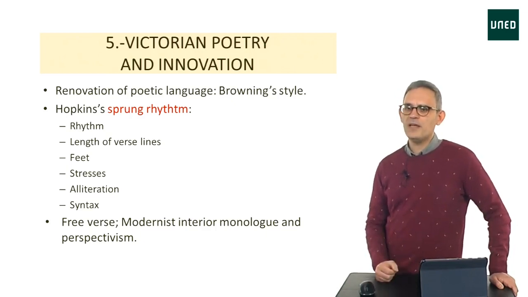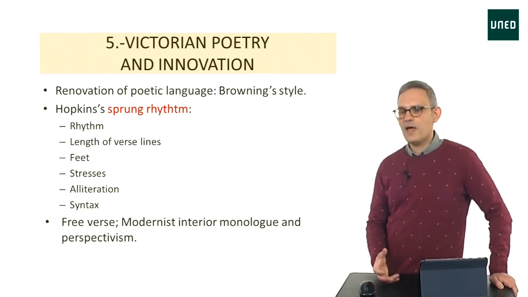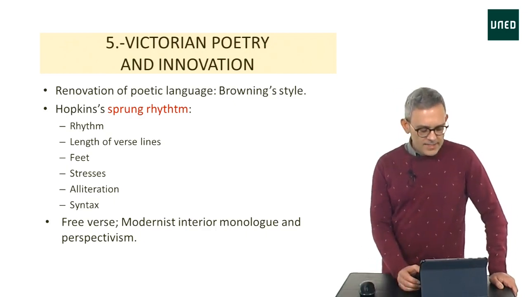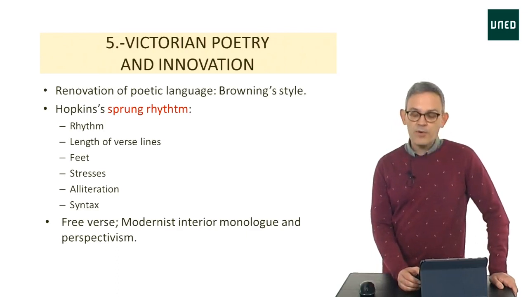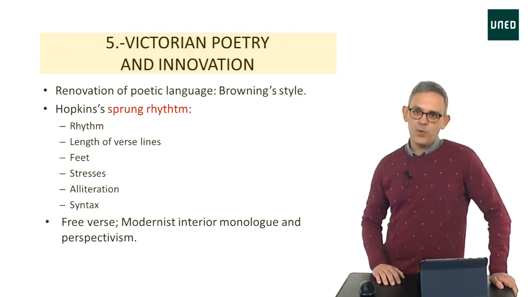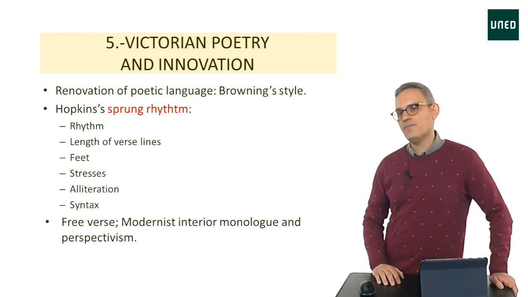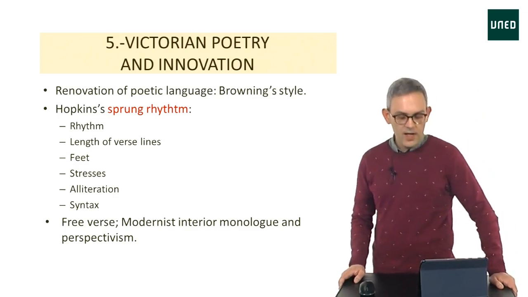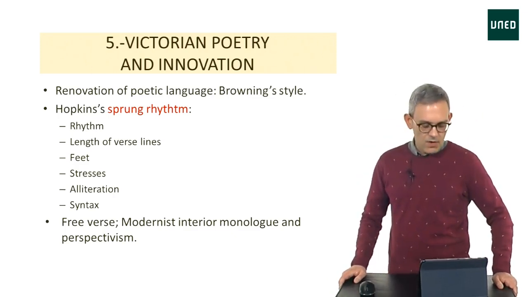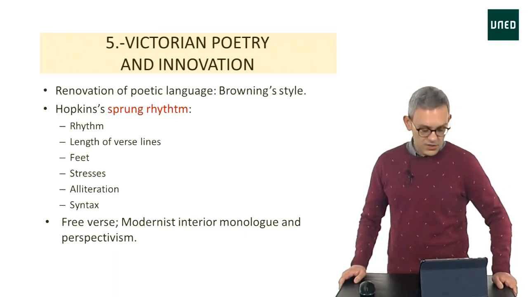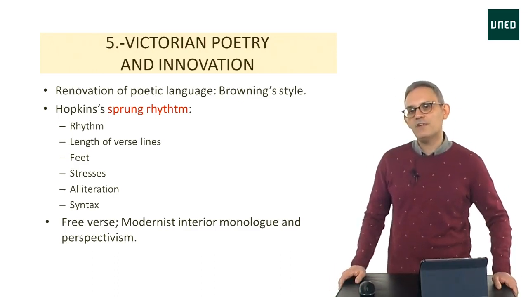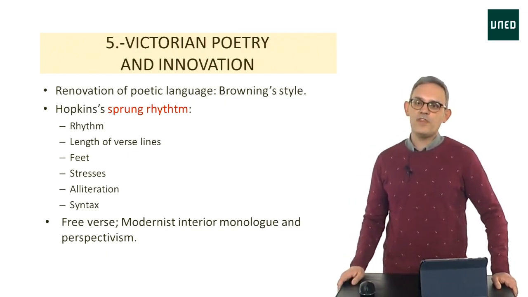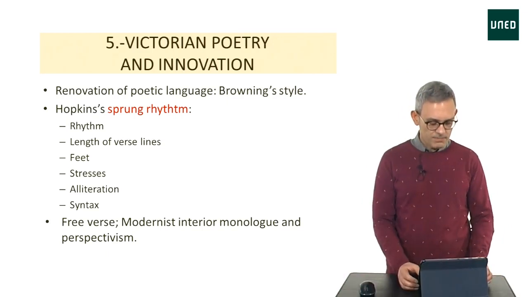It was admired by poets like Ezra Pound, T.S. Eliot, Robert Lowell, and in a similar way, Browning's dramatic monologue and his poem The Ring and the Book, which I mentioned earlier, foreshadow the interior monologue and perspectivism of modernist fiction. So as you can see, several elements of Victorian poetry connect with the literature of the 20th century.